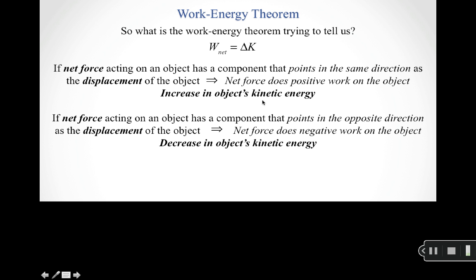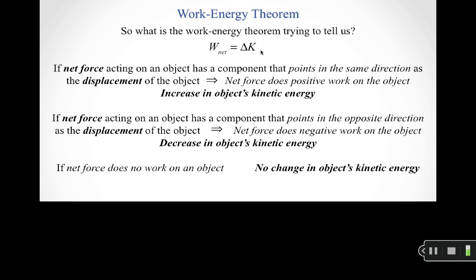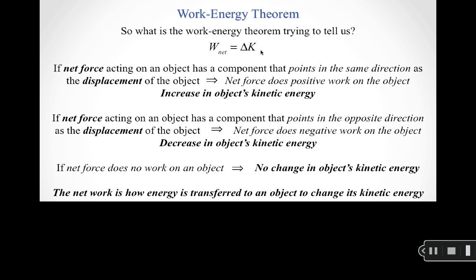So when the net force and the displacement point in the same direction, that works to increase the object's kinetic energy. If, on the other hand, the net force and the displacement point in opposite directions, just like with any work term, then I know that the work done by that force is negative. So when the net force points in the opposite direction of the displacement, that means the net work must be negative, which means you have decreased the object's kinetic energy. If the net force does no work on an object, then there's no change in the object's kinetic energy.